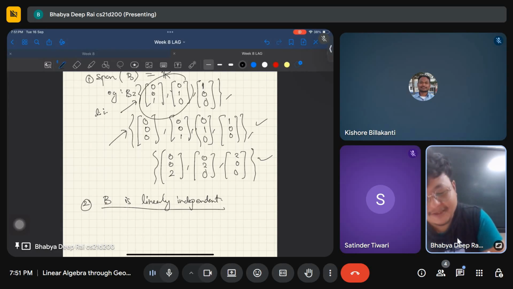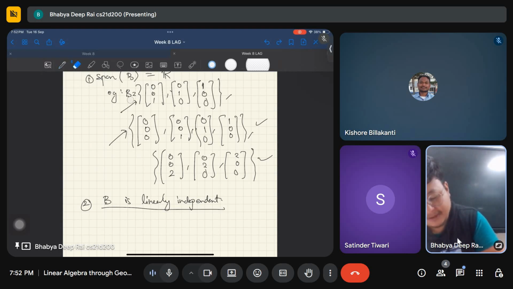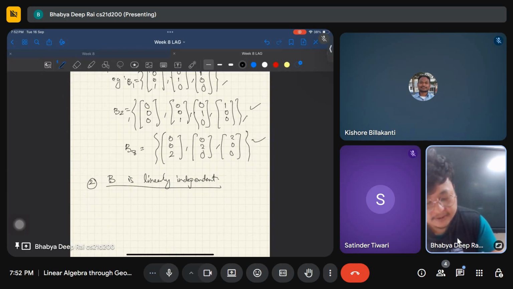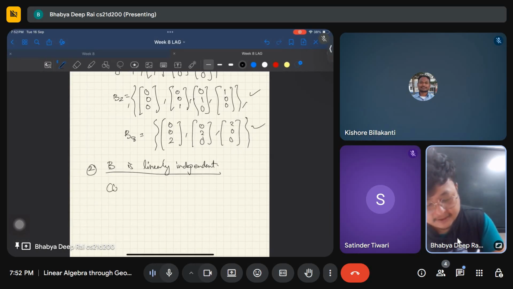No matter how many times you add or multiply, you will never get a one component here because there is a 0. So let me call them B1, B2, B3. This is B1, this is B2, this is B3. So clearly B1 is linearly independent.